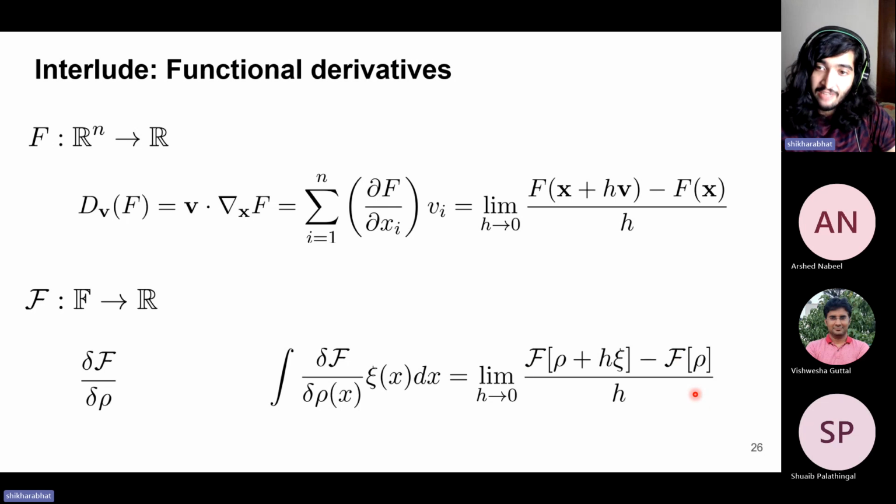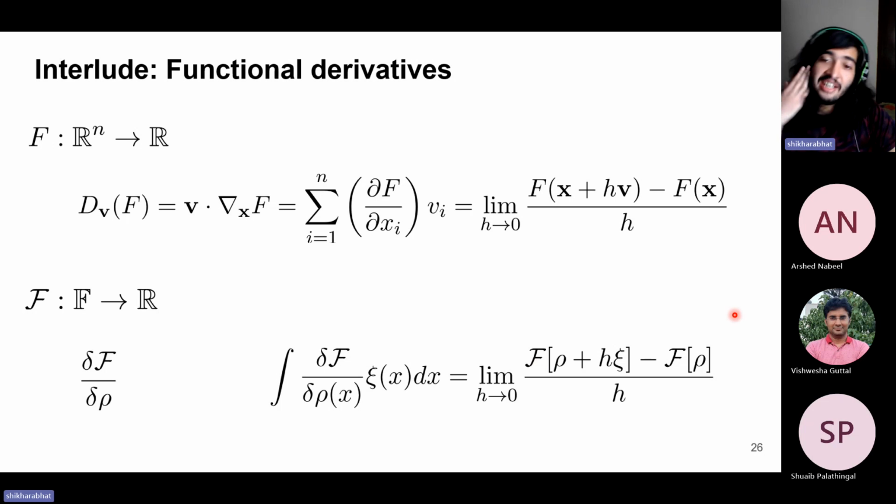This is telling me, if I had an input ρ and I perturb this input by an amount ξ scaled by some small parameter h, how much does capital F change?